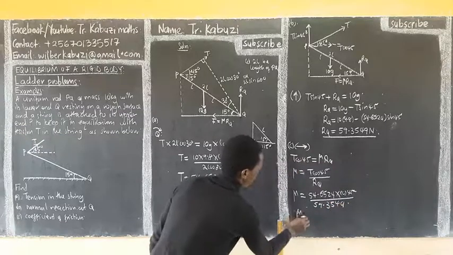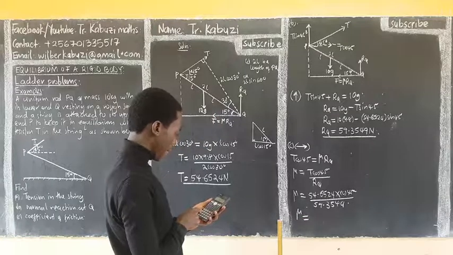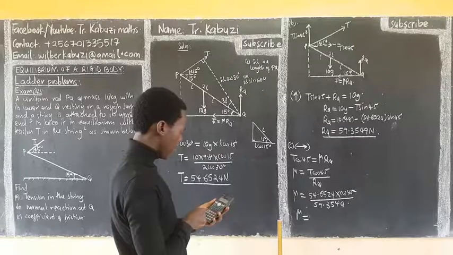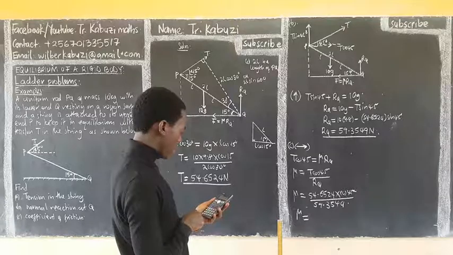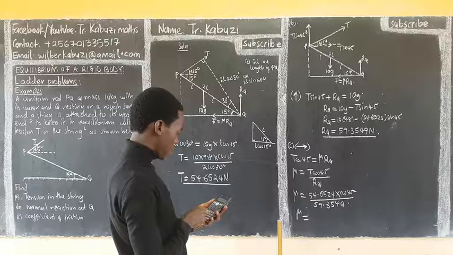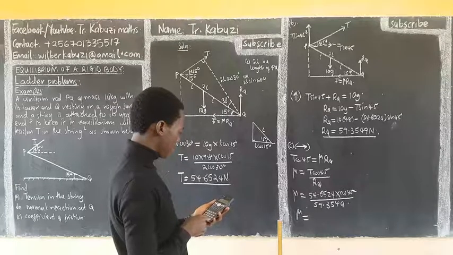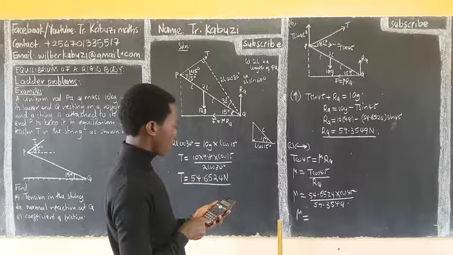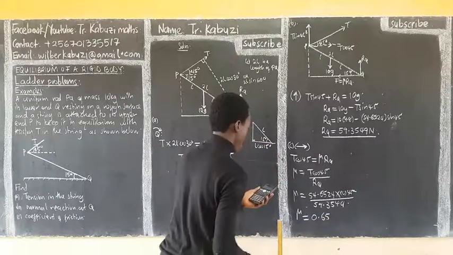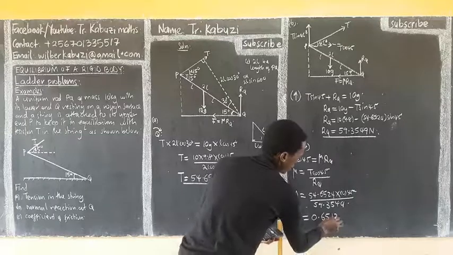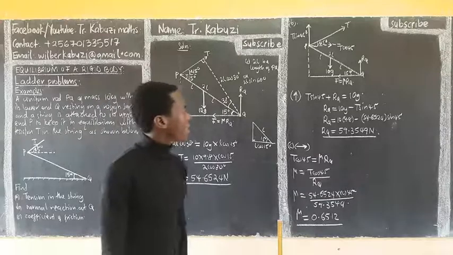So there my coefficient of friction is giving me 0.6512. So this is the coefficient of friction they wanted. So that's how we handle that.